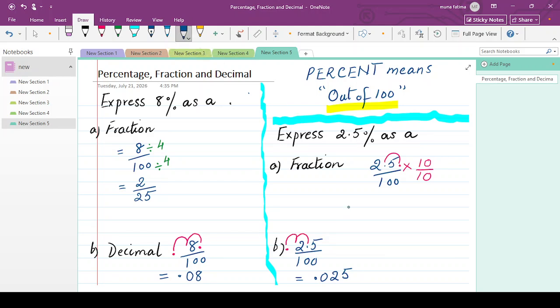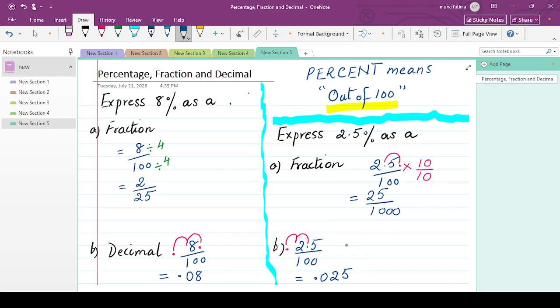So now we have 25 divided by, and let's not forget that this 100 is being multiplied by 10 as well, so we end up with 3 zeros. There's no need to multiply or anything, just see how many zeros you have. You have 2 over here and 1 over here, and only ones with them, 1 ones are 1, and we just put 3 zeros together.